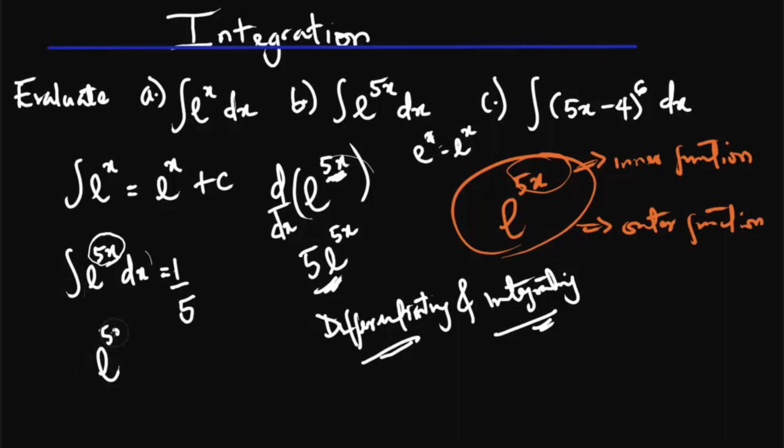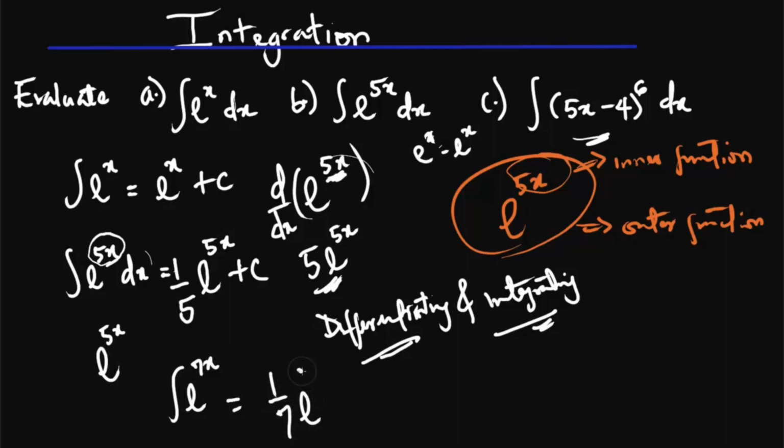So we're now going to integrate exponential 5x as if we are integrating exponential x. So integrating this gives us the same thing, exponential 5x plus c. Don't worry, you're going to understand when we solve this problem. If we want to integrate exponential 7x, for instance, this becomes 1/7 exponential 7x plus c.